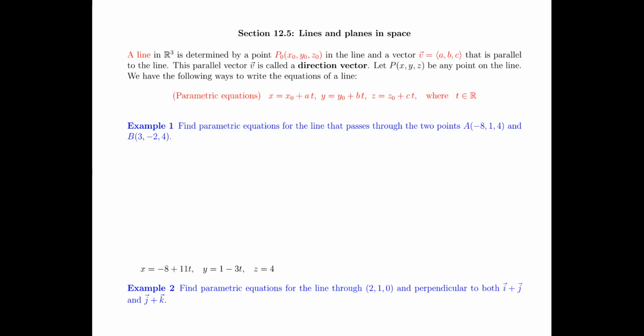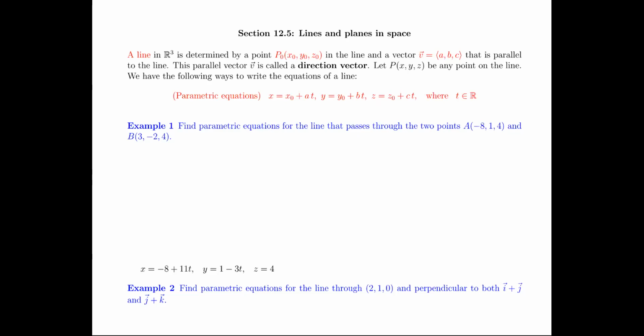Again, x, y, and z will be any points on the line. (x0, y0, z0) is a point on the line that we already know. And then a, b, and c just come from a vector that is parallel to the line, or in other words, a vector that tells us the direction of the line. And then we let t be any real number, and that'll give us all of our points on the line.